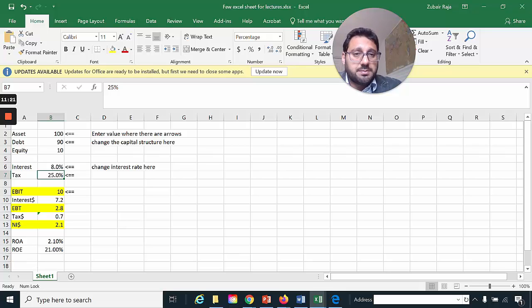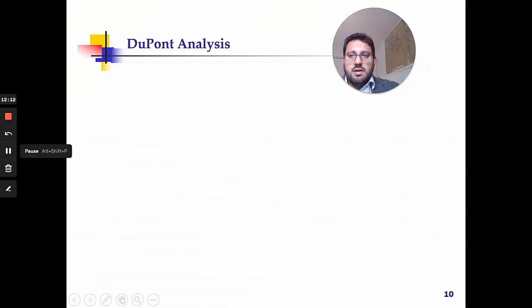So that is not an issue, but you need to understand that this is not always beneficial. It also depends on what the interest rate is.